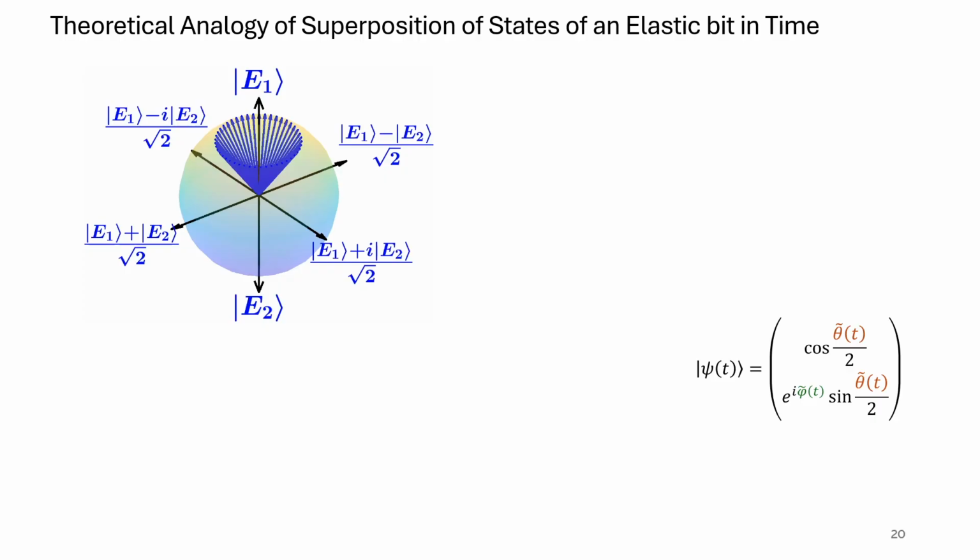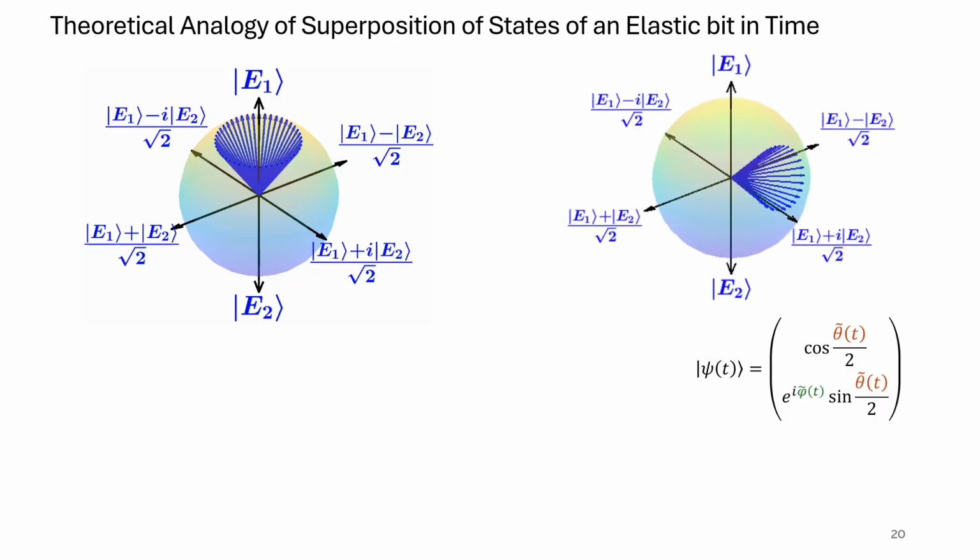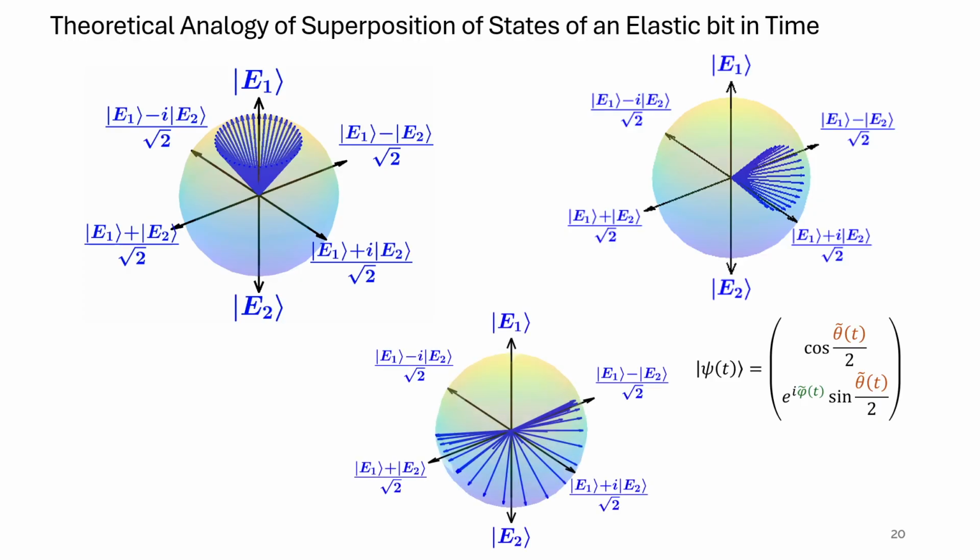Time is exploring the region of the superposition of states of that elastic bit, and we can have different regions of those changes at different locations by changing the frequency. So these three Bloch spheres represent different frequencies, and each of the components represents a single frequency. The time is revolving the superposition of states in the Bloch sphere.